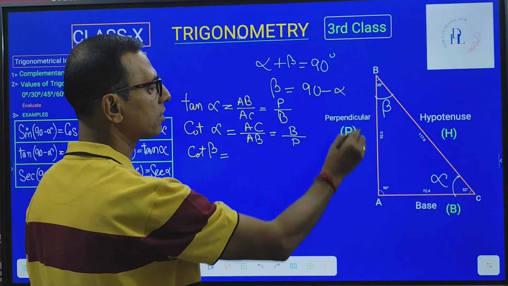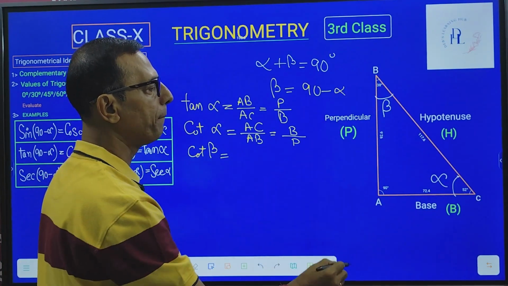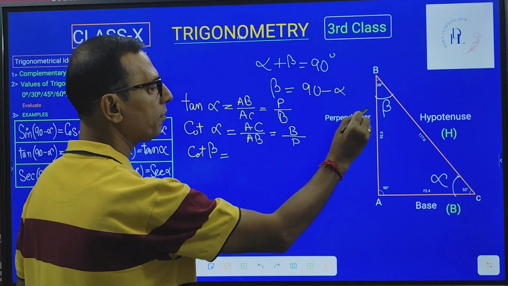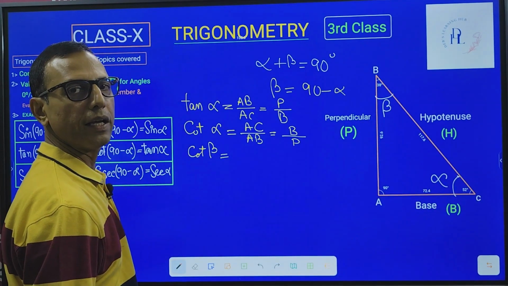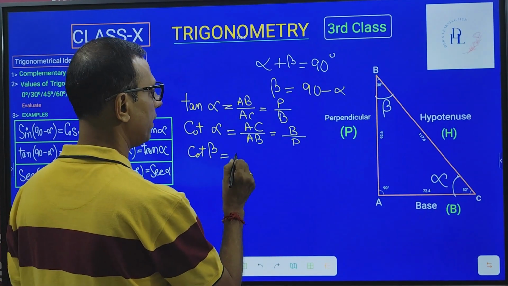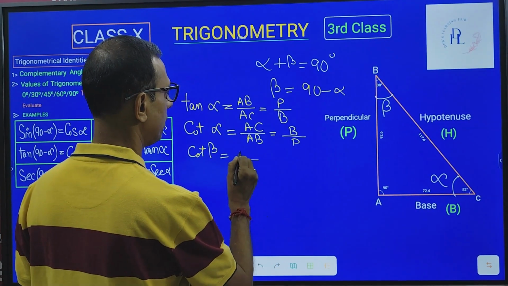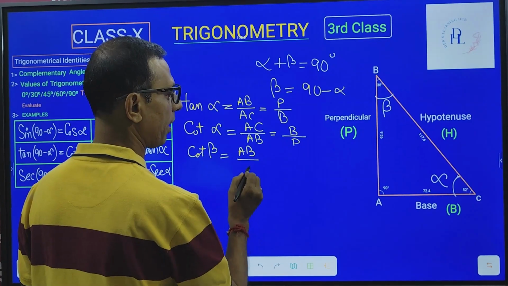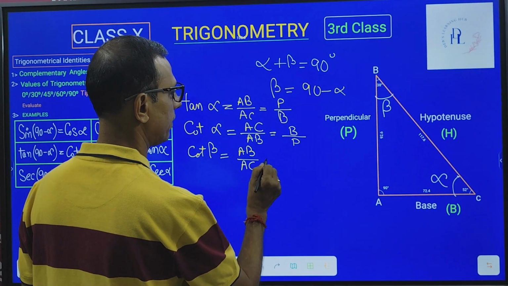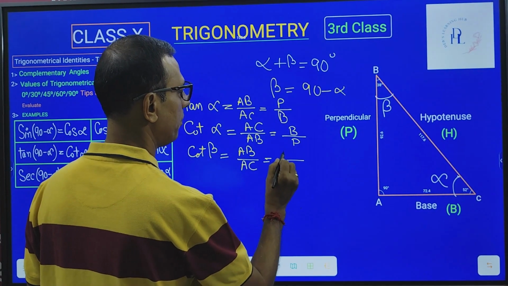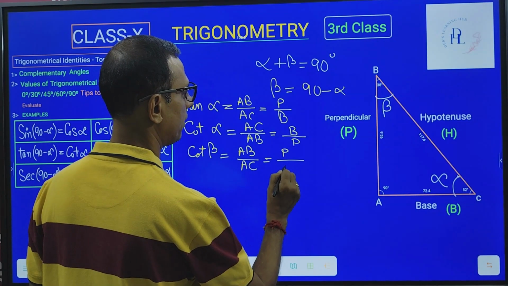Now for beta we will consider AB as the base instead of AC, and perpendicular will be AC. So cot beta is base by perpendicular, so base is AB and perpendicular is AC, that means it will be P by B.